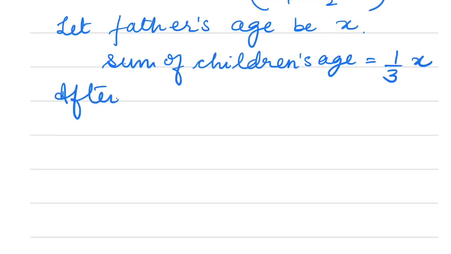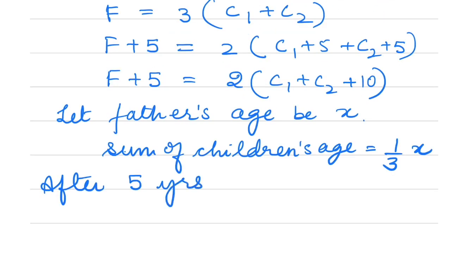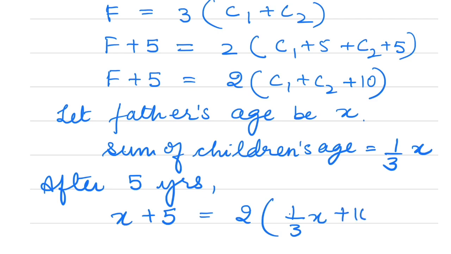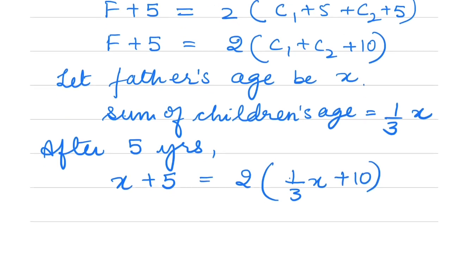Now after 5 years, father will be X plus 5 and he is equal to twice the age of children. Then so twice, and the previous age was 1/3 x and 5 years are added to both, so plus 10 I can write down. Now we have got an equation.